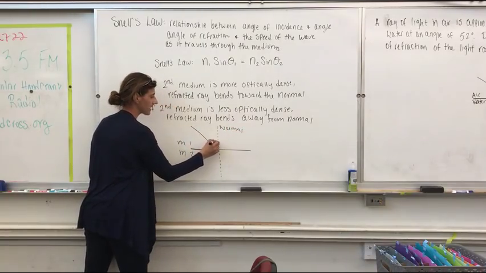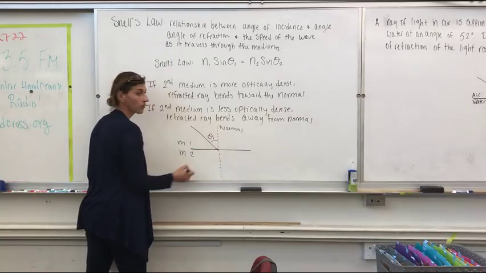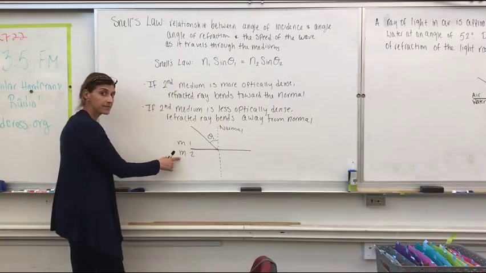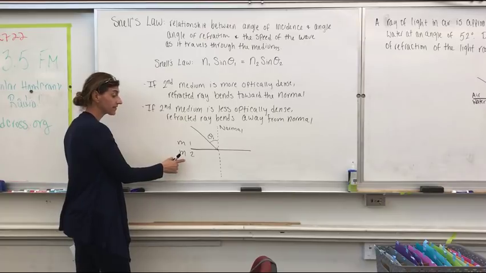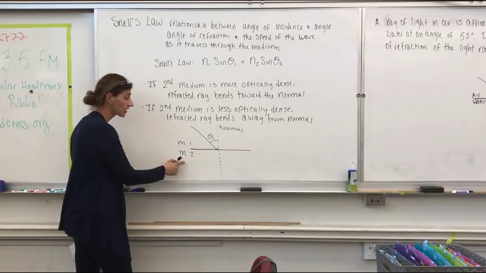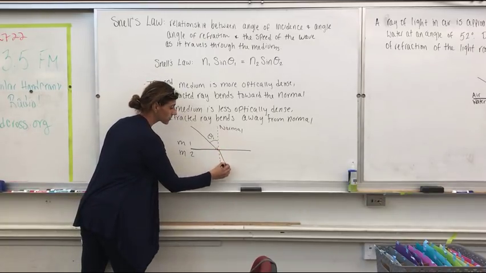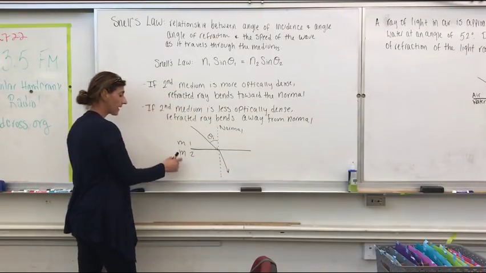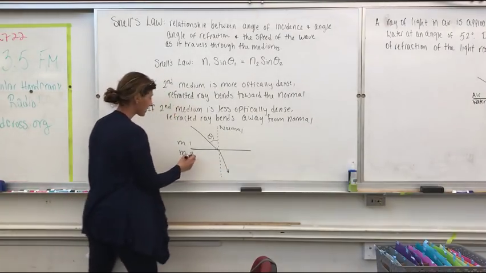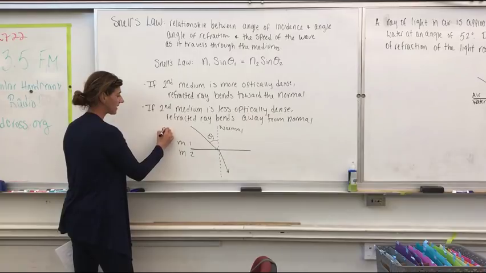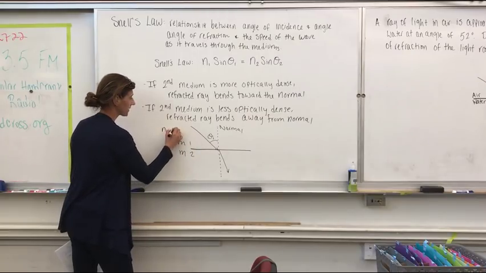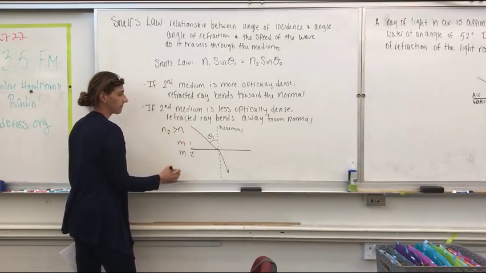It comes in at this incident angle. And if this medium is more optically dense, if its n is bigger, then it will bend towards the normal, like this. So in this picture, n2 is greater than n1.